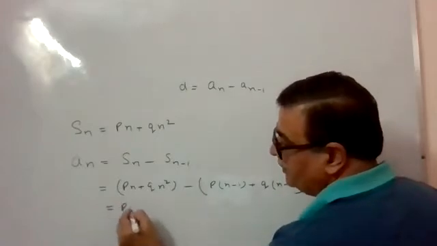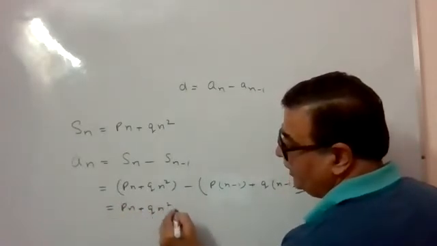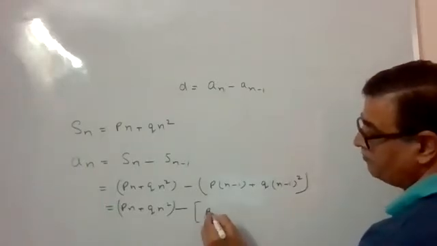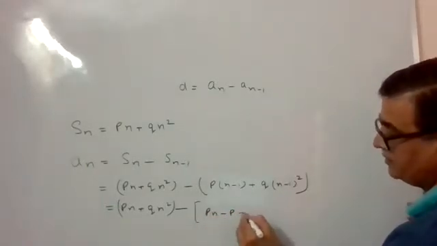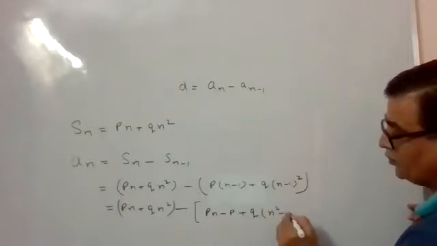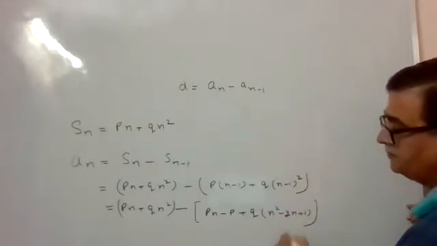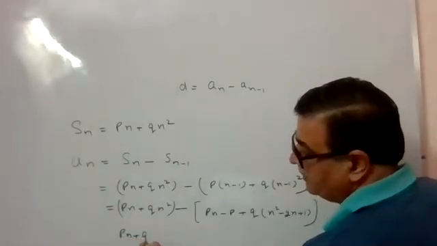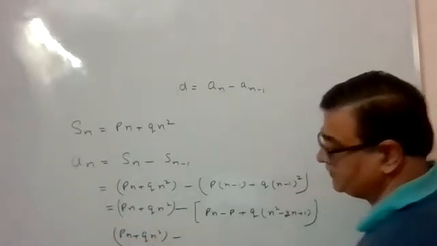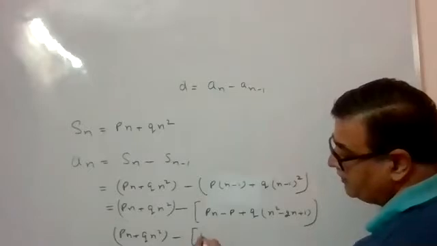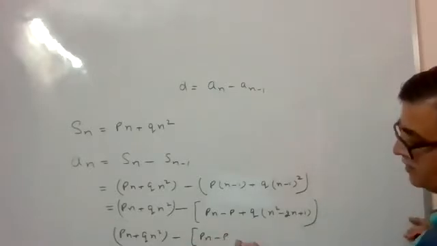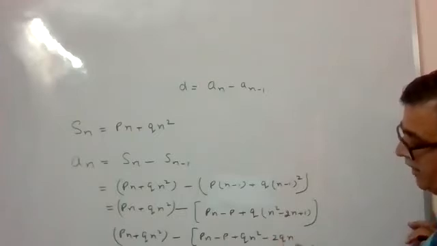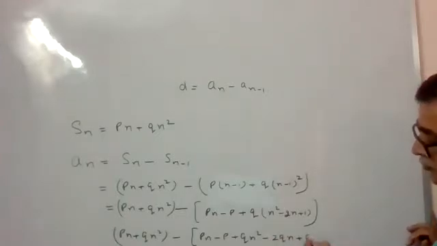Now when you solve it, it will come Pn plus Qn square minus, Pn minus P plus Q times n square minus 2n plus 1, which is Pn minus P plus Qn square minus 2Qn plus Q.